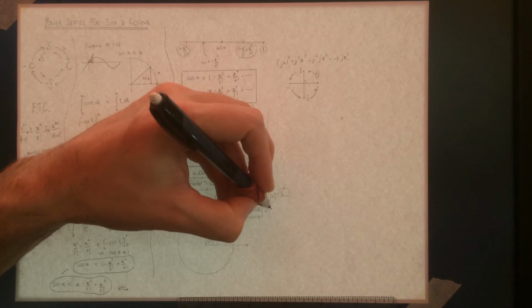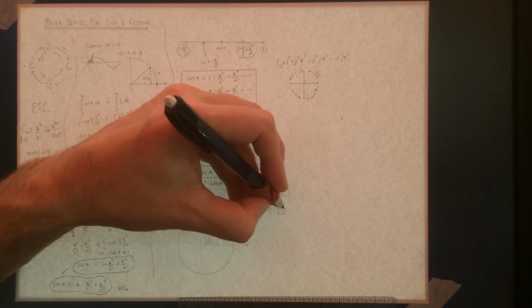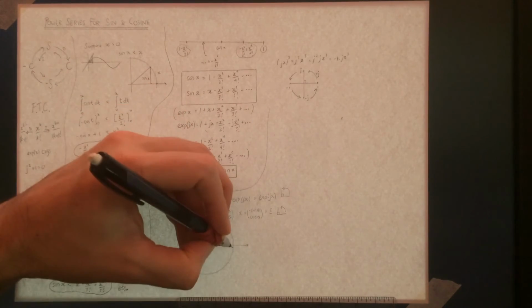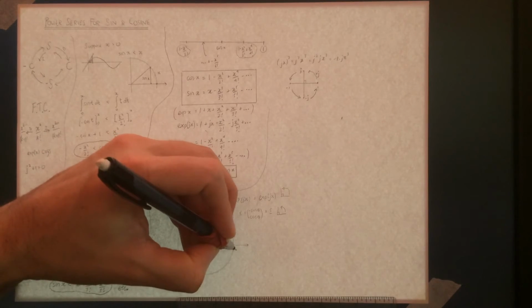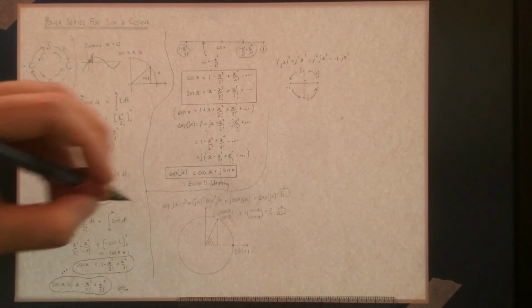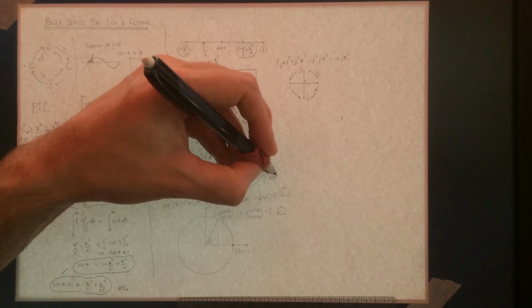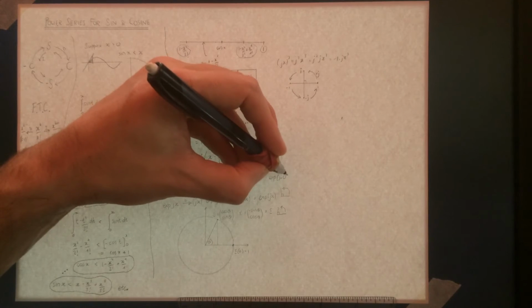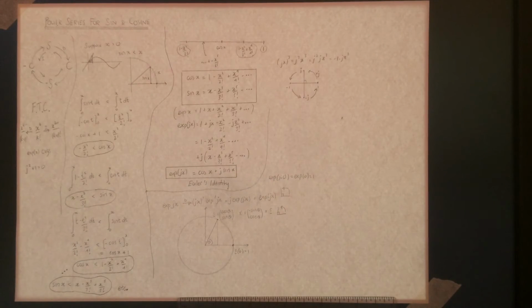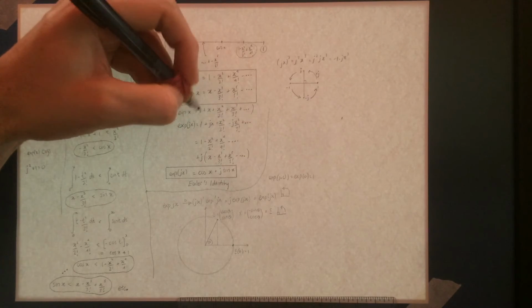Which is equal to our position, but rotated by 90 degrees. And also note that S of 0 is 1 and exp of j dot 0 is just exp of 0, which is 1. Yeah? Put x equals 0 and all of these terms disappear, leaving you with 1.